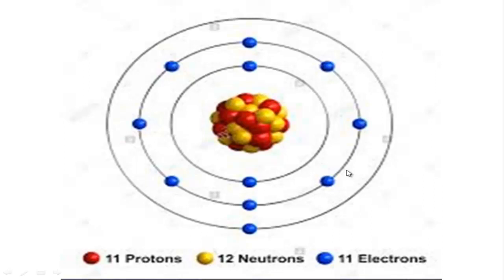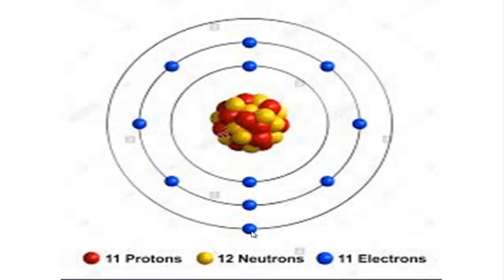Here also the second orbit contains 8 electrons, and this picture proves that the second orbit contains a maximum of 8 electrons, and when the number of electrons is more than 8 in the second orbit, then the rest of the electrons will go to another orbit, isn't it?